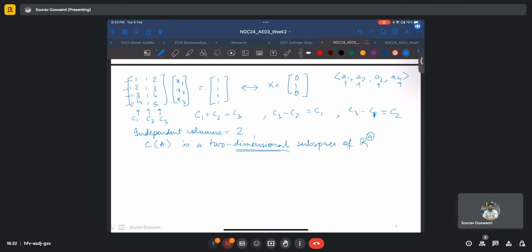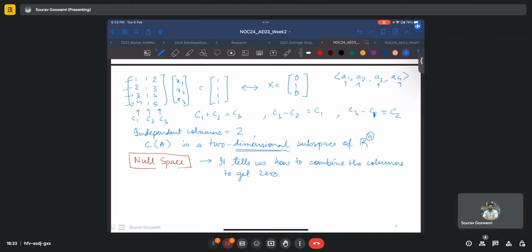Now, similarly for the null space. One way to think of the null space is that it tells us how to come up with linear combinations of the columns to get a zero vector.